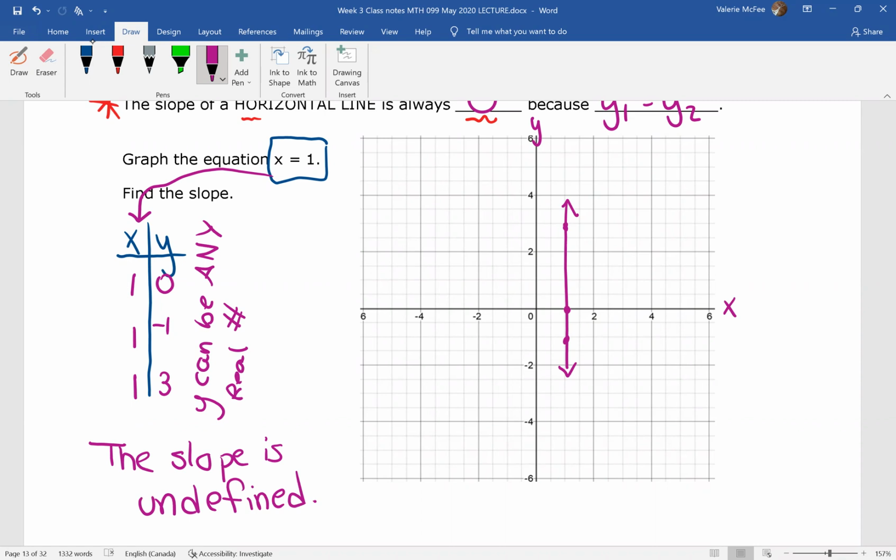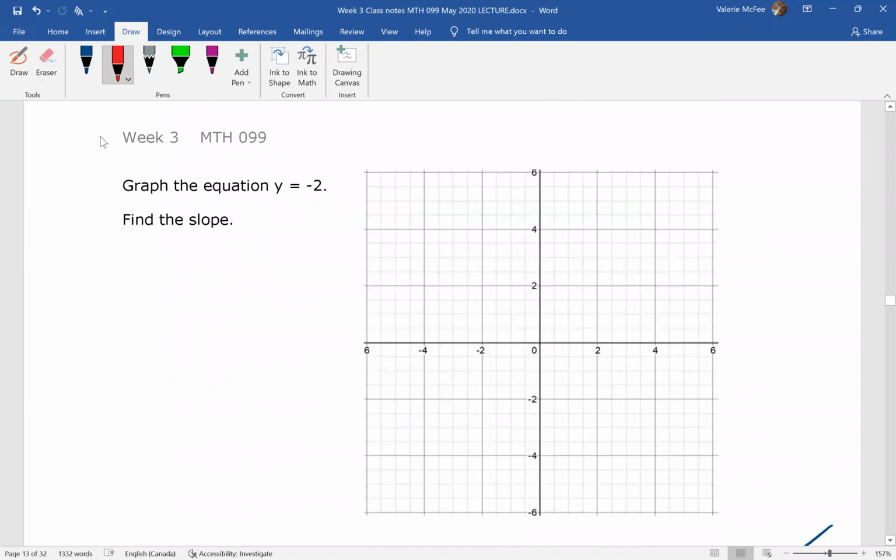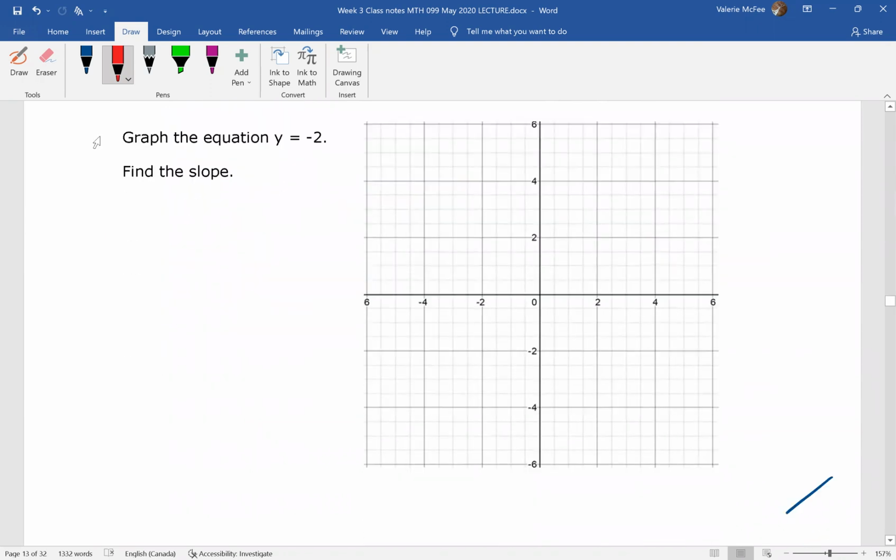This is a very good test question and a good exam question. I could ask you to label 3 points on the line, to graph it, and tell me the slope. Pause your video, find 3 ordered pairs for this line, graph it, and tell me the slope.